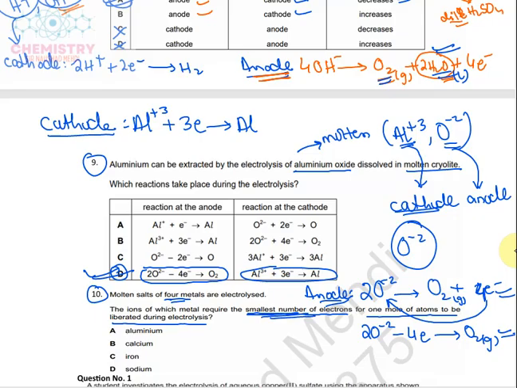So it will depend upon the charge on the metal. For this you have to use the periodic table, right? First of all, look at the periodic table and find where aluminium is. Aluminium is in group 3. Elements in group 3 have 3 electrons in the last shell.